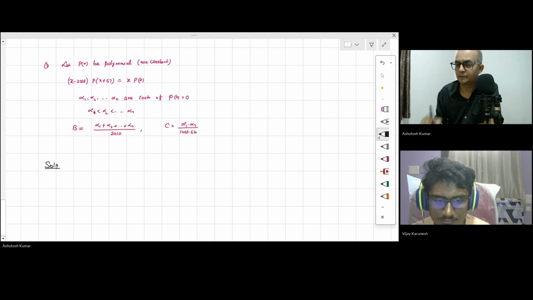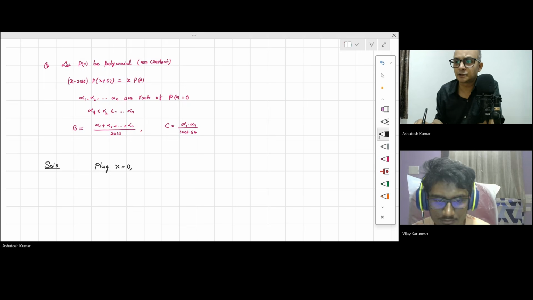So you can see one very simple thing we can observe: when you substitute x equal to 0, what are we getting? Because whenever this kind of identity is given in polynomial or function form, we do the same thing, we put x equal to 0 and start with this.